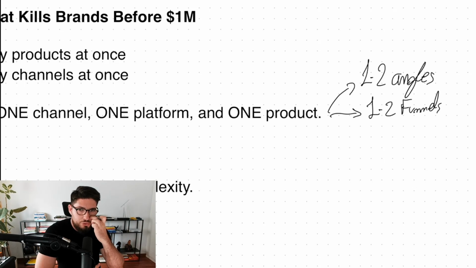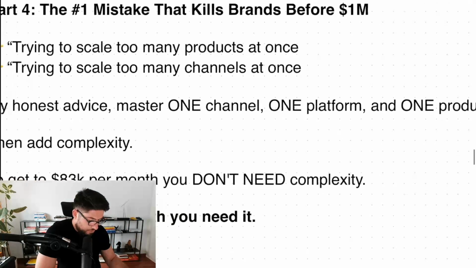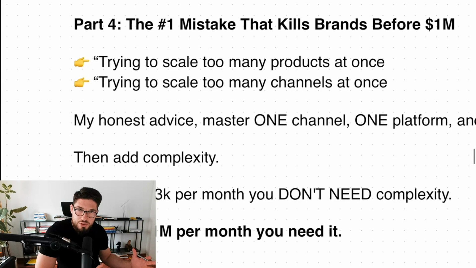Of course, you have to do social media and email and all of these things, and a little bit of Google Ads, for example, but you don't want to put the crazy focus there and split your focus into a bunch of different platforms, a bunch of different traffic sources, trying to sell a bunch of different products, each product with different angles, each angle with different formats, and each format with a different landing page. That's a mess.